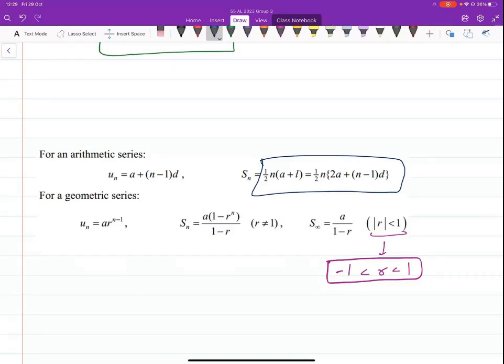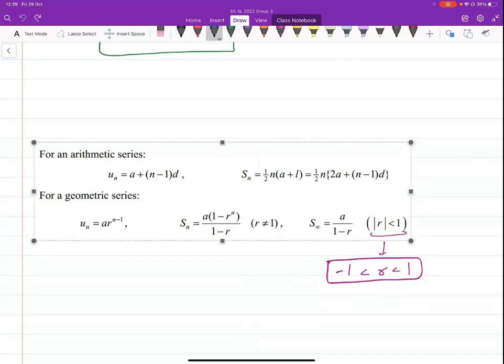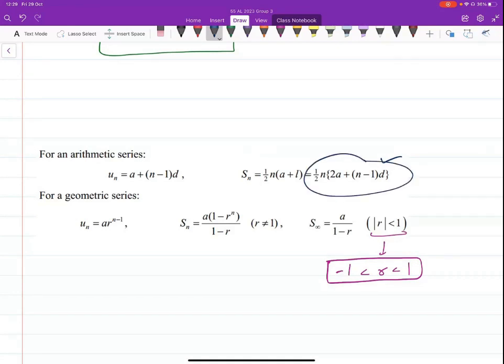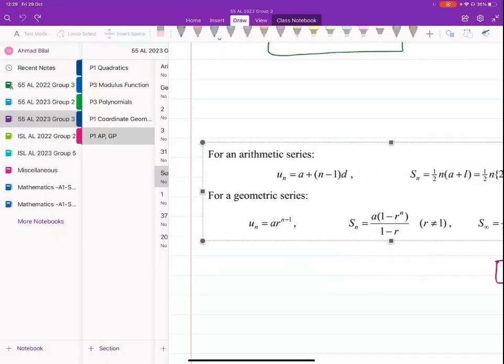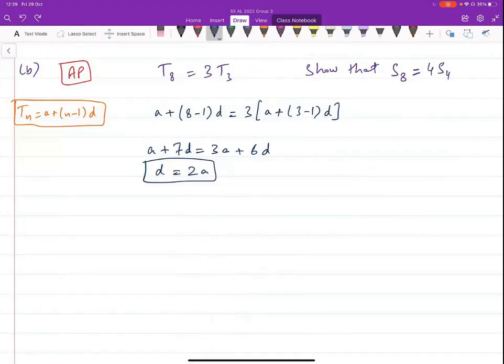Because we're not given the last term. The second formula is going to work in every single case, right? So if you do not have the last term, you just use this one. So that's the sum formula. It's Sn equals half n into 2a plus n minus 1 times the difference. ठीक है, ये आपके पास sum formula होता है.